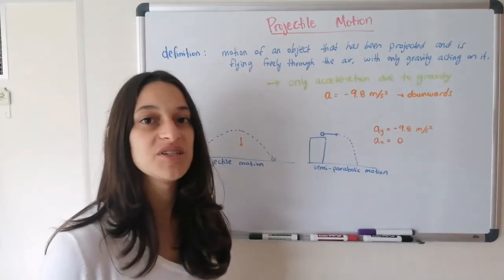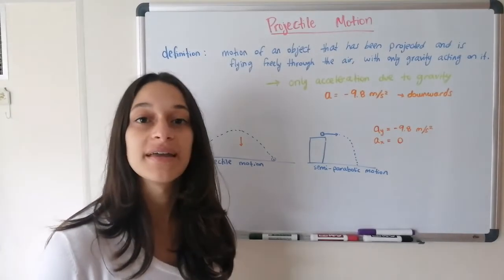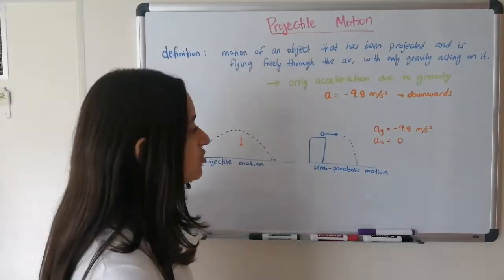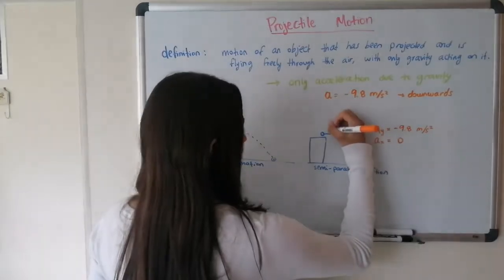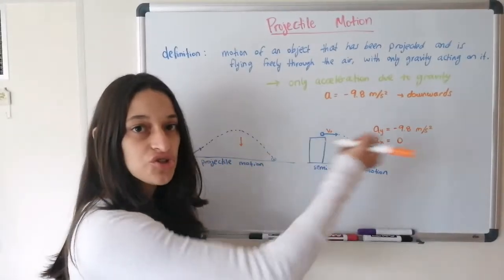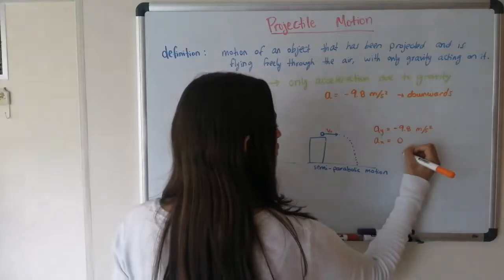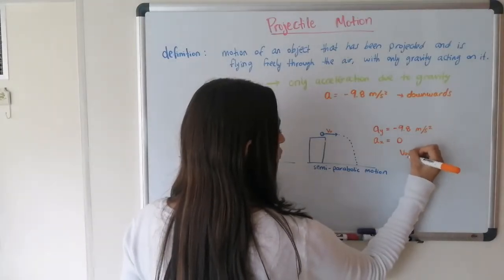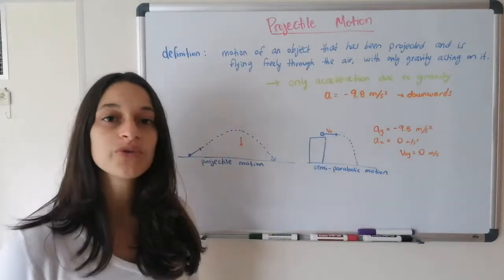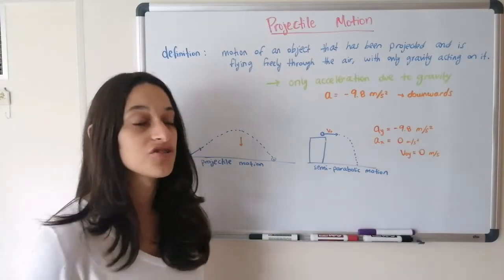It's always going to be 0 because there's just nothing stopping it in the horizontal direction. But what else do we know? We know that the initial velocity, which is this one over here, is only to the right. So the initial velocity in the vertical direction is 0, because there's only a velocity in the horizontal direction.